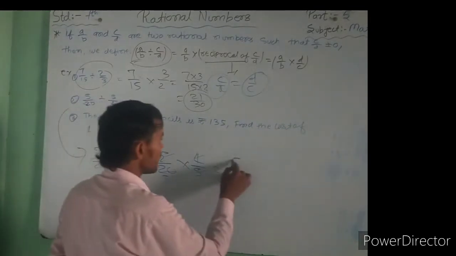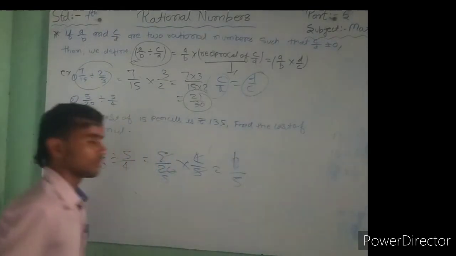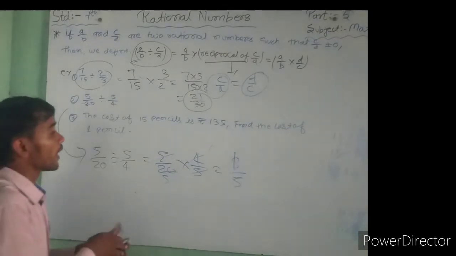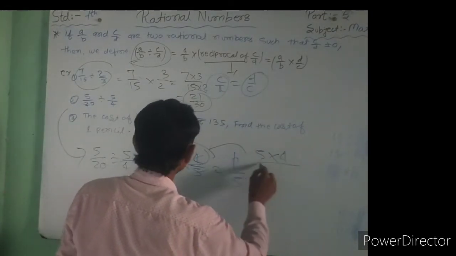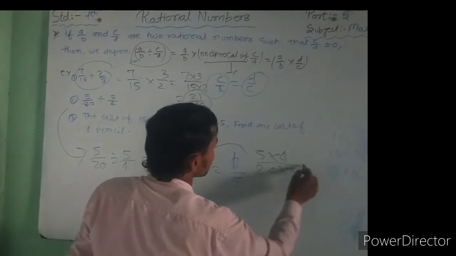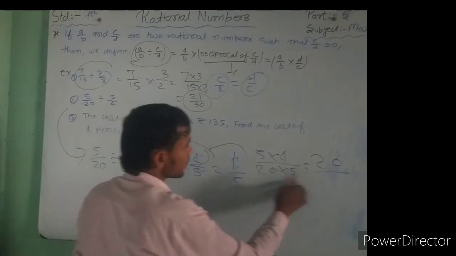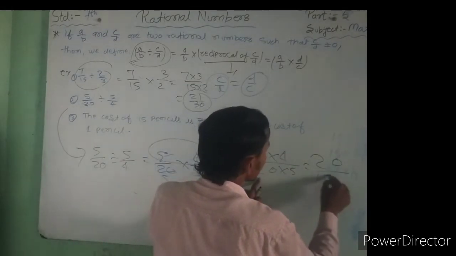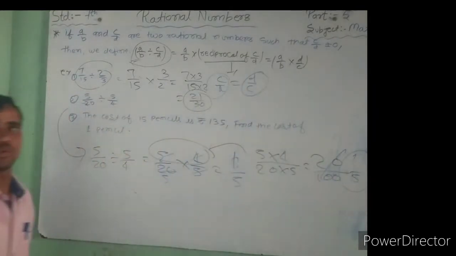It means 1 by 5. That's your answer. If you also want to write it in that format, 5 multiplied by 4 and 20 multiplied by 5: 5 fours are 20 and 20 fives are 100. So 1 by 5 is your answer.